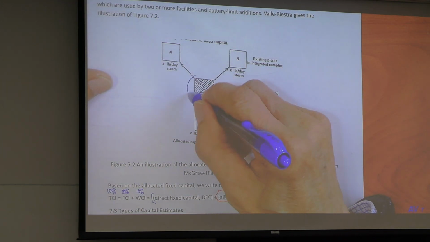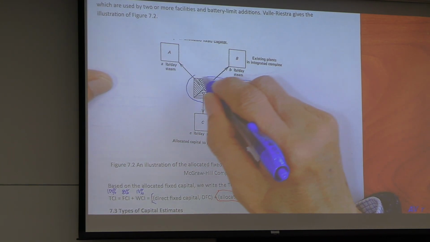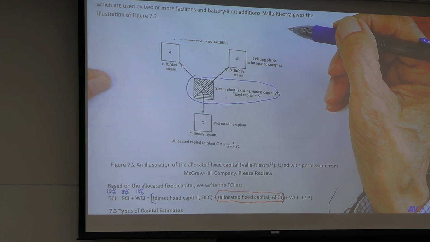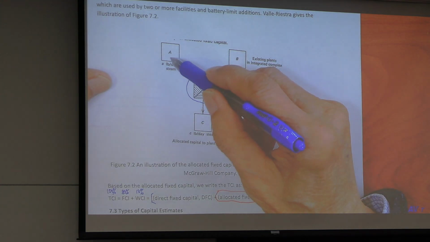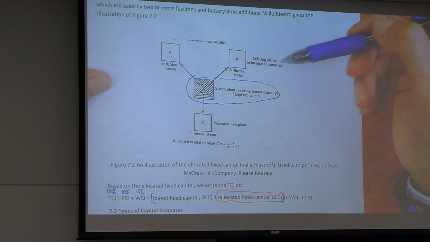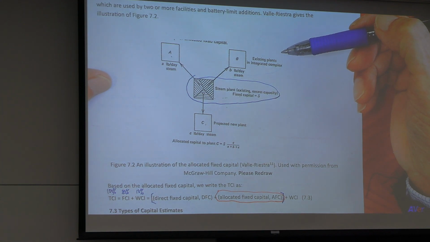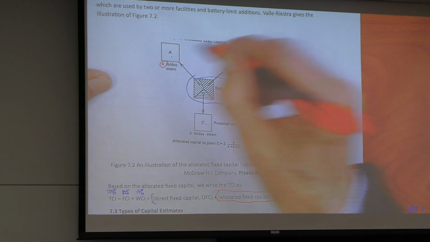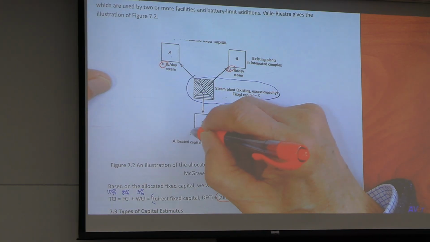If you are building a steam plant for a large plant complex, the output is being used by facility A, B, C. Each uses a different amount.